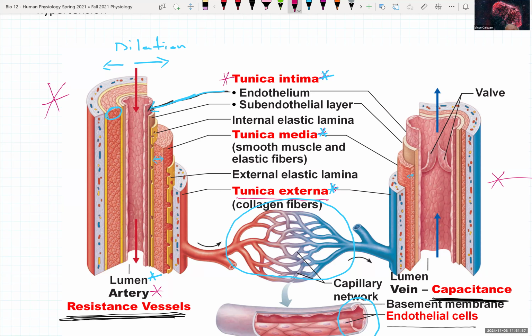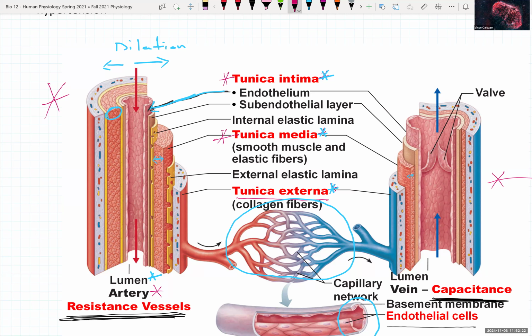Moving outward from the tunica intima, we have the tunica media that's shown here. The tunica media is where we find the smooth muscle cells and elastic fibers. This is really where our story of smooth muscle comes into play as it relates to the cardiovascular system.